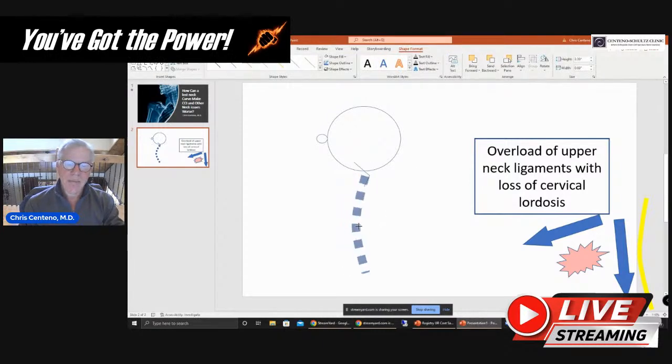But watch what happens when I change this curve. That angle is going to change wildly with the curve. So when we have these clivoaxial angles and we know what's normal and abnormal, it's based on that normal curve. Once you start changing that curve, all bets are off on that angle. So that's also wreaking havoc with surgical decisions even.